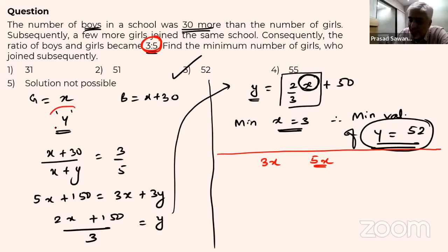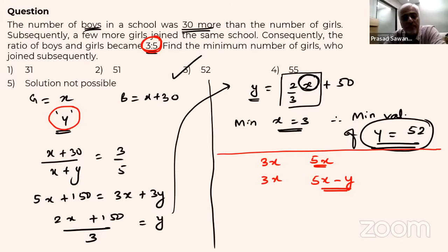Again, suppose y girls had joined, which means before joining, how many girls were there? Before joining, the number of girls was 5x minus y. Boys were still 3x only, no? Right? And what do I get now?